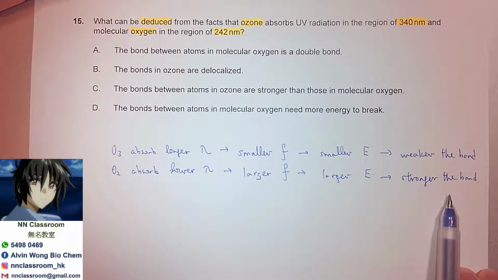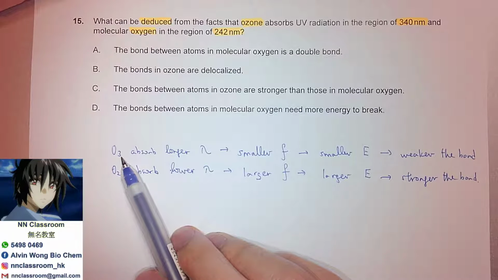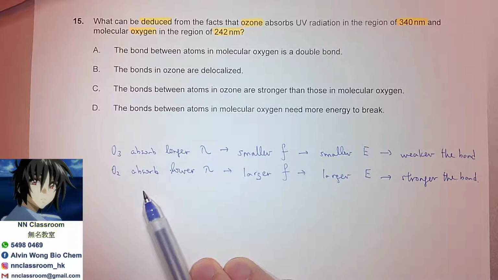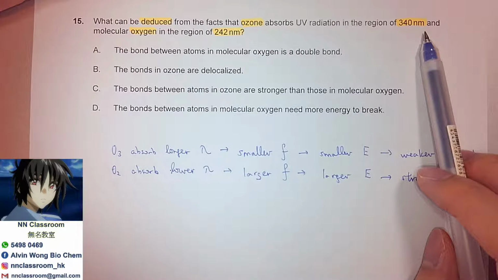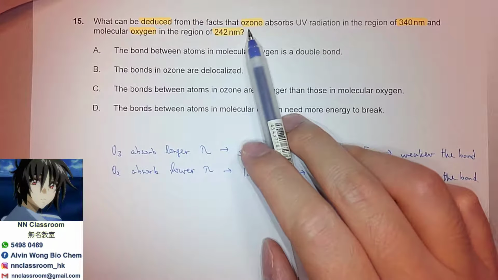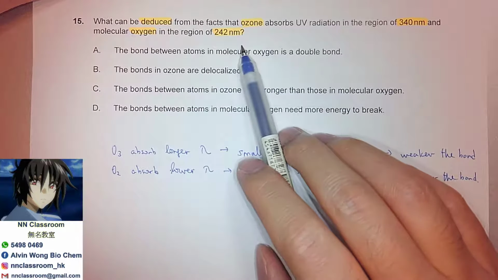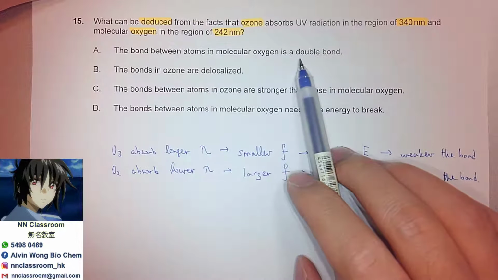But furthermore, can we understand whether O3 has a delocalization of electrons while O2 has a perfect double bond? This is true, but these are facts that are not given in this information. So can we deduce from only the fact that O3 absorbs 340 and O2 absorbs 242 that the bonds between the atoms in molecular oxygen are double bonds?